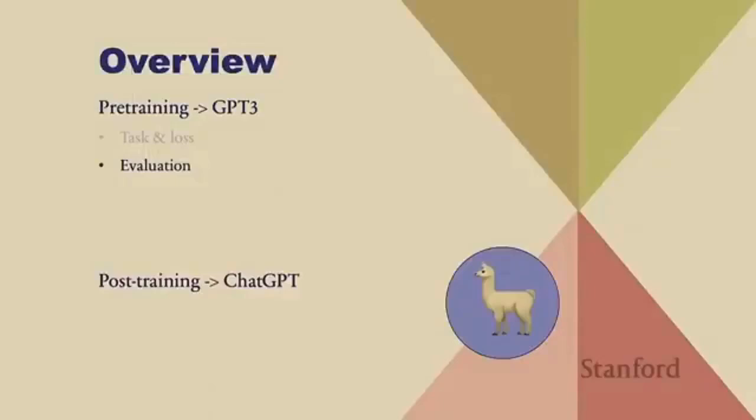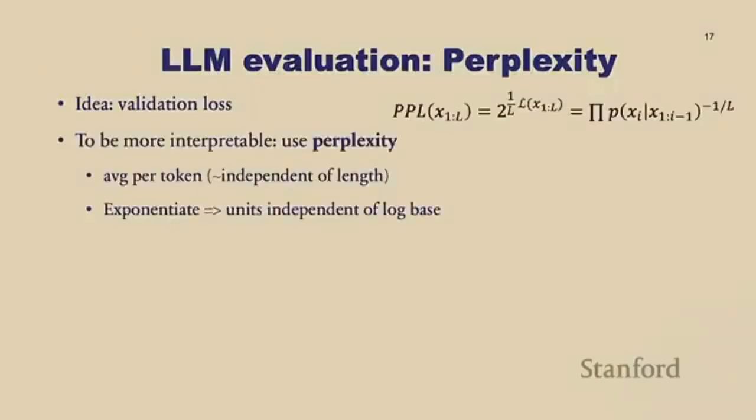Great. So we talked about the task, the loss, the tokenizer. Let's talk a little bit about evaluation. The way that LLMs are usually evaluated is using what we call perplexity. At a high level, it's basically just your validation loss. The slight difference is that we use something slightly more interpretable: we take the average per token loss, and then exponentiate it. The reason you exponentiate is that the loss has a log inside, and humans are pretty bad at thinking in log space, and logs depend on the base of the log.